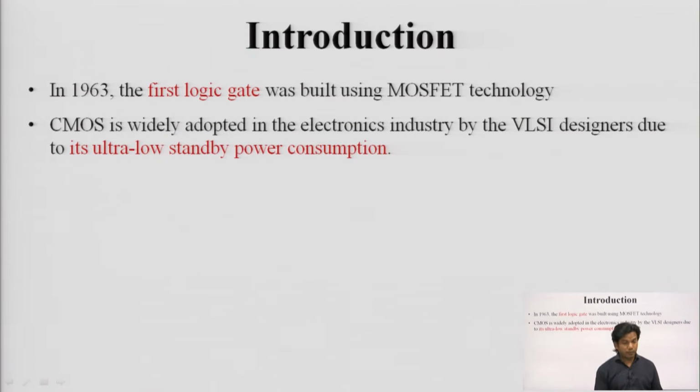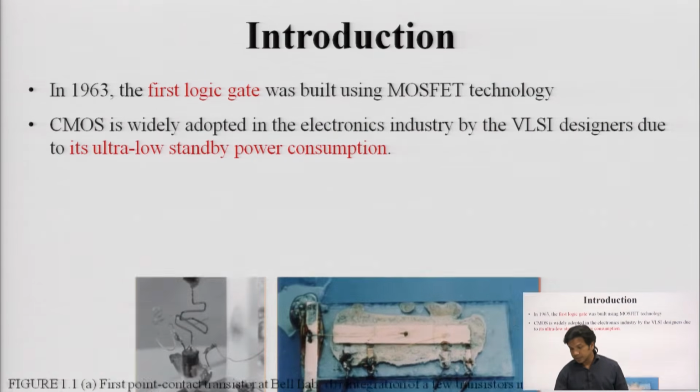Even when there is no signal to the circuit, some circuits consume power, but the advantage of CMOS technology is that it does not consume any power in the steady state.